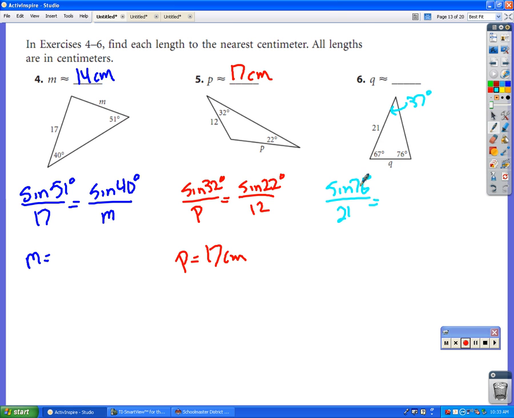So now I can write sine of 76 over 21 equals sine of 37 over q. Same thing as before, cross multiply and divide. So I'm going to go 21 sine 37 divided by the sine of 76. And q comes out to be 13 centimeters.